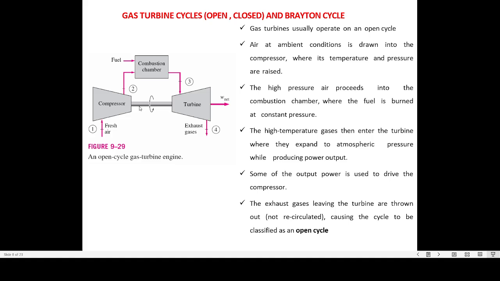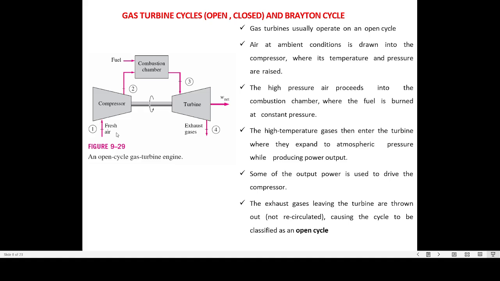Compressor and turbine are mounted on one horizontal shaft, and the different state points can also be seen here. Okay, state point 1, state point 2, state point 3, and state point 4 respectively.